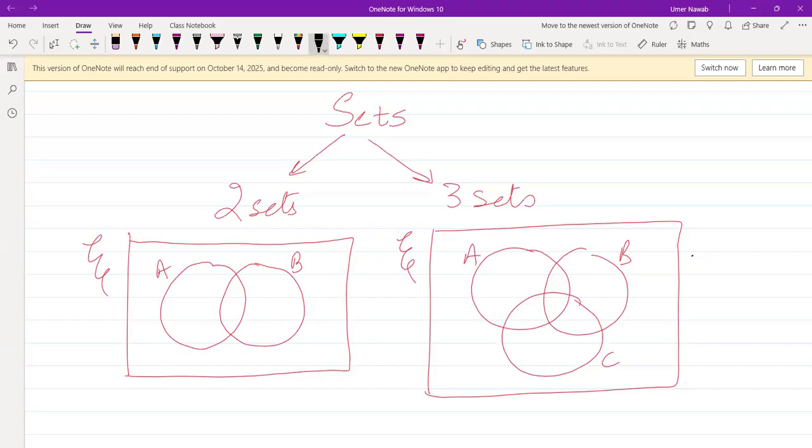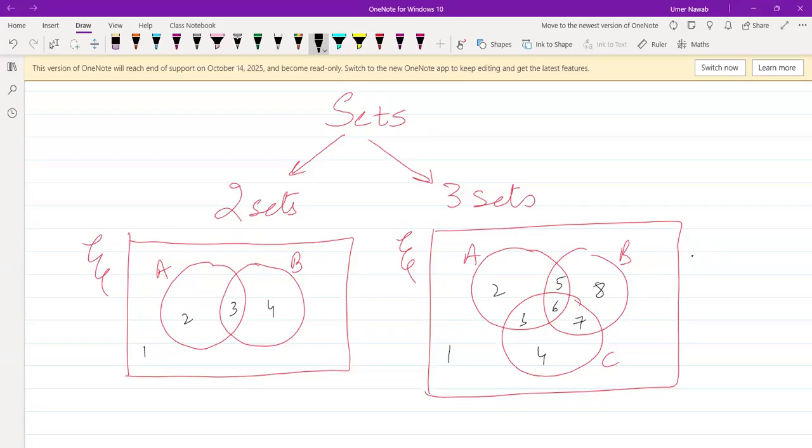If we look at the two sets category, we have four regions, 1, 2, 3, and 4. And in three sets categories, we have 1, 2, 3, 4, 5, 6, 7, and 8. 8 regions we have.